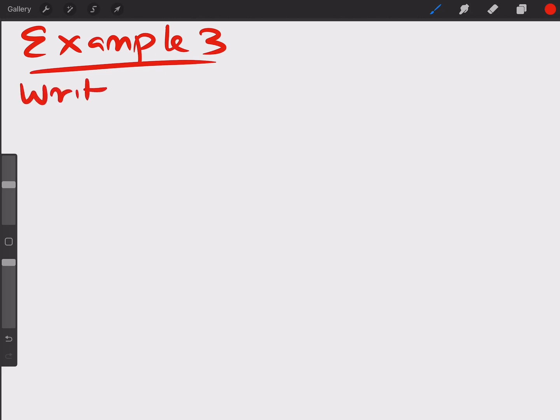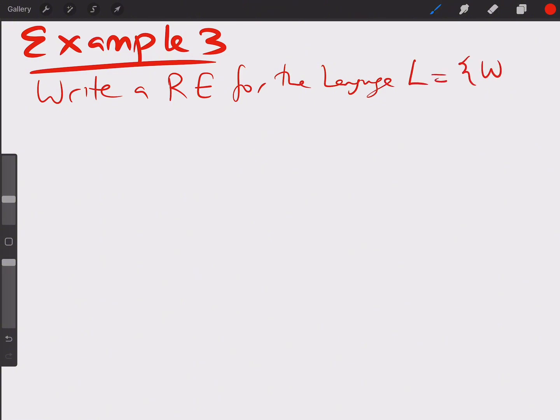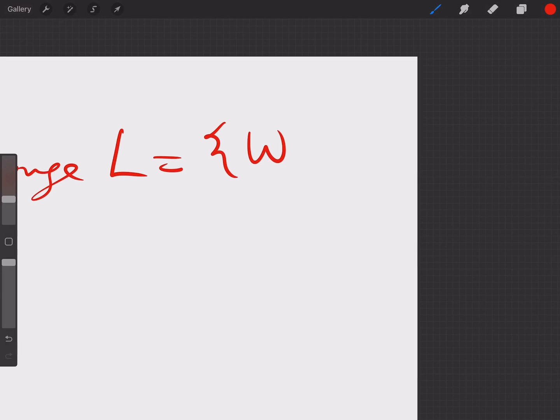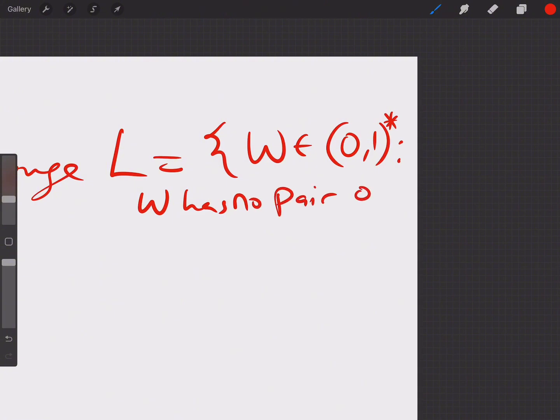Question 3, example 3. Say we want to write a regular expression for the language L, where W, know your math jargon, please, where W is an element of the alphabet {0, 1} star, zero or more of 0 or 1, where W has no pair of consecutive zeros.